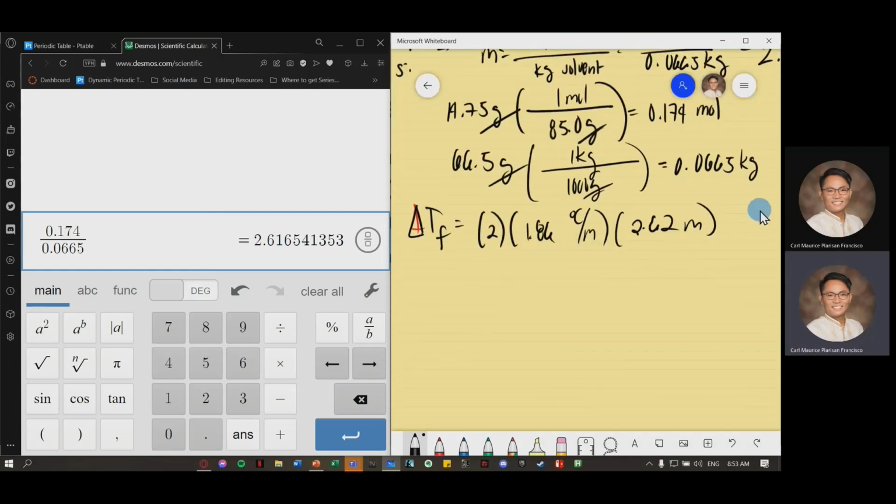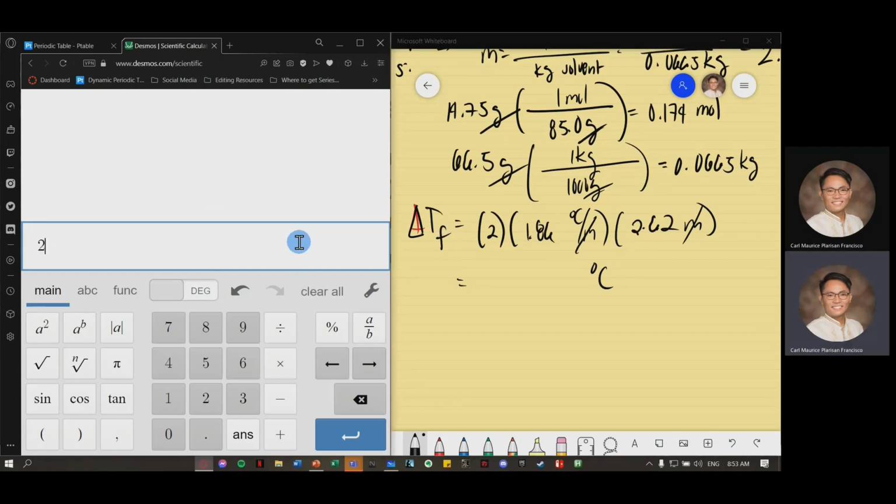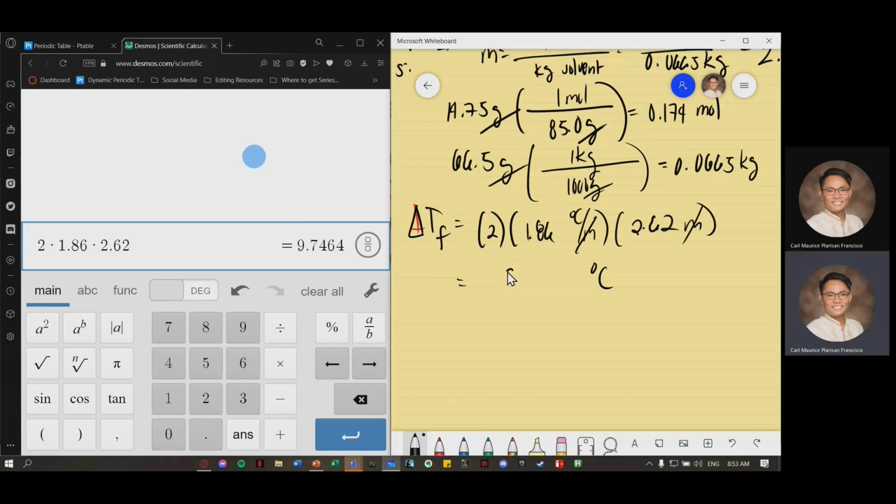Okay, so now cancel molal. What remains is degrees Celsius, appropriate unit. 2 times 1.86 times 2.62, we have 9.75 degrees Celsius. Now, however, this is not yet the final answer because this is just the freezing point depression.